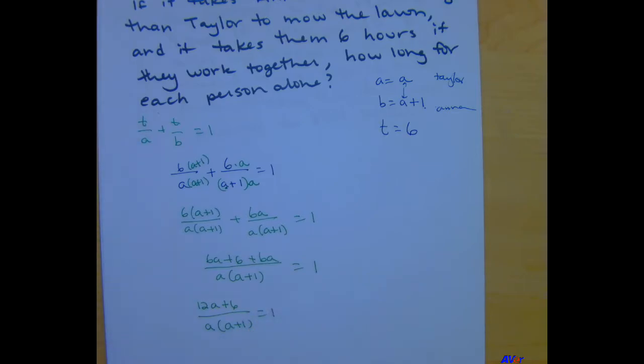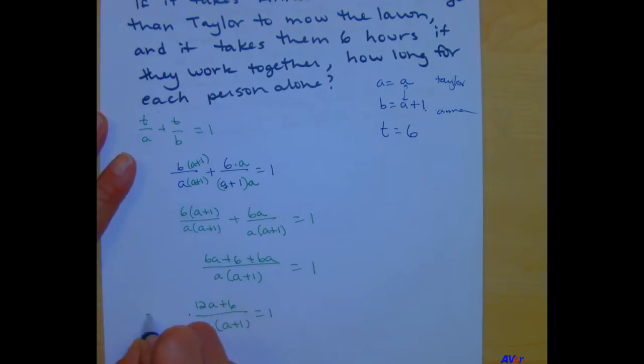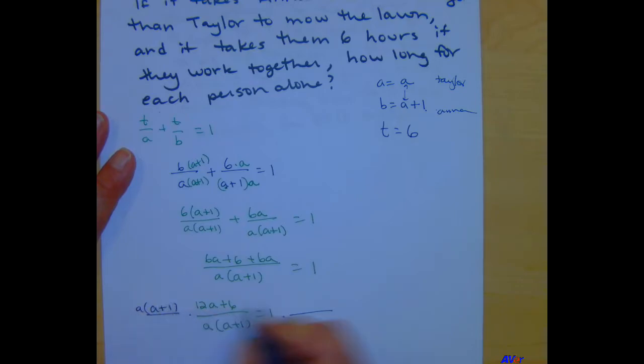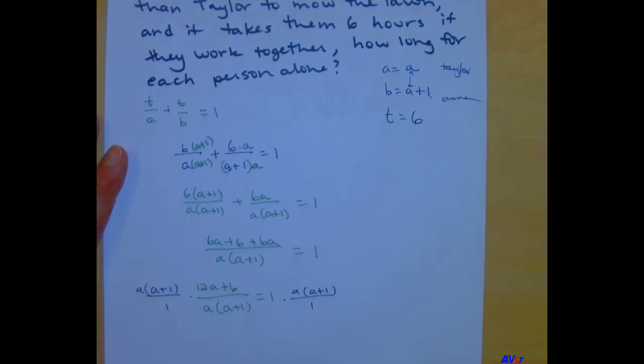That's a lot of work, and we haven't even solved the equation yet. So I need to clear my denominator. I'm going to multiply both sides like before. When I multiplied both sides by 12, now I'm going to multiply both sides by A times A plus 1. Some students are going to stick a 1 under it so it feels better.